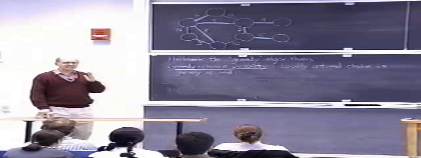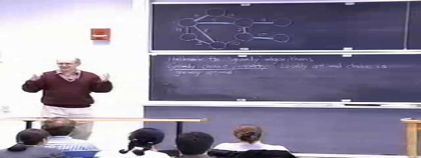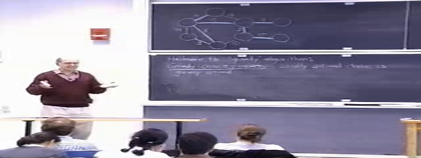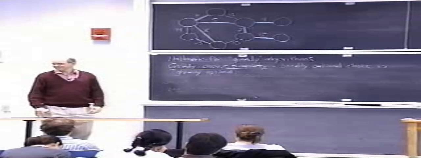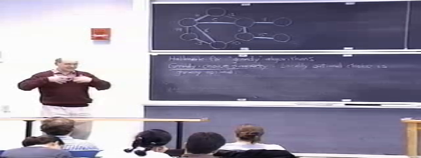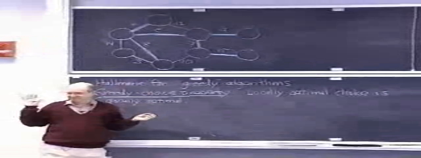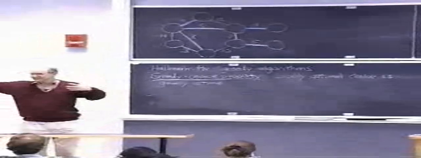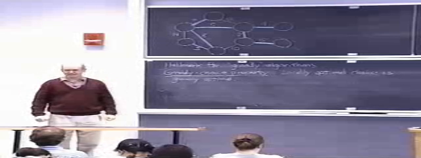I want to be even greedier. I don't want to try to get as much, however. So take the lightest one. Okay, and in fact, it's a theorem that the lightest edge in a graph belongs to a minimum spanning tree. Okay, and if it's unique, then it's the minimum spanning tree. So here, 3. That's as greedy as I can be. I want to connect things up. Okay, and I don't want to waste any edges. Let me just go after the lightest thing. It turns out that guy's always in there.